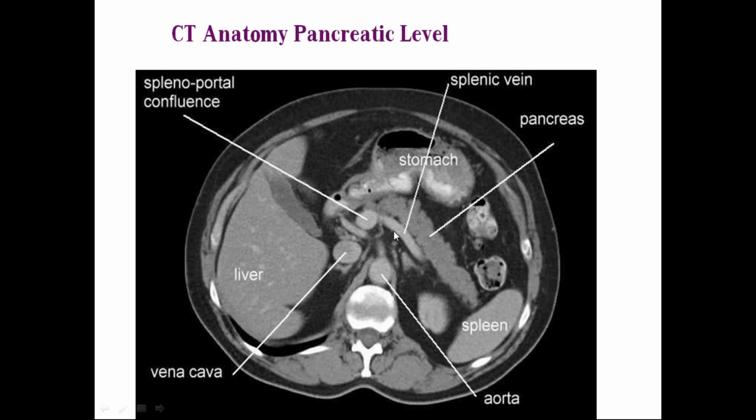This is a CT scan image showing a dilated pancreas with the splenoportal veins, aorta and vena cava. This is anteroposterior, if you clearly appreciate. These are the muscle layers, this is a cut section, and these are vertebrae.